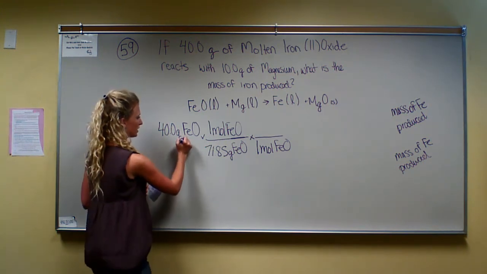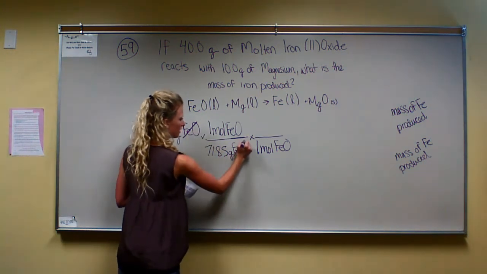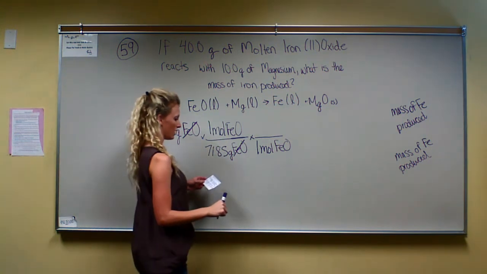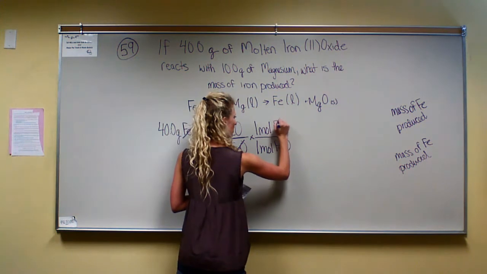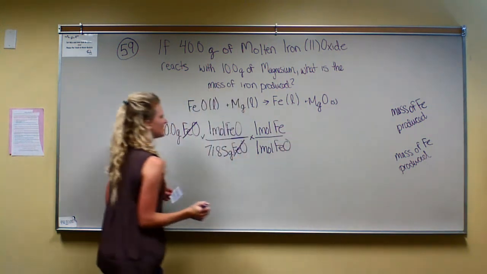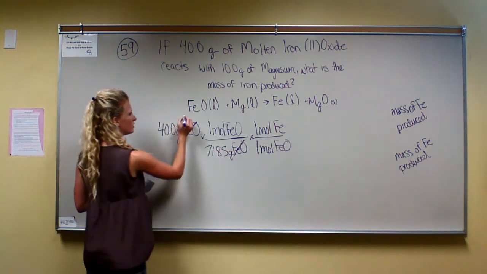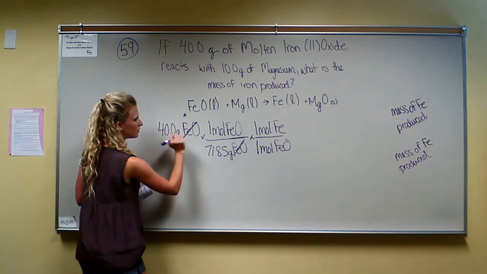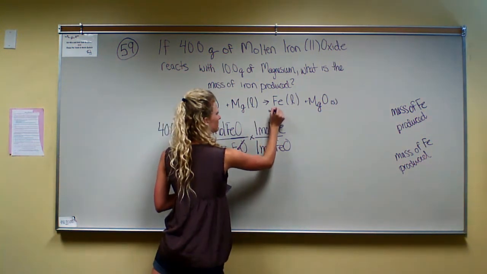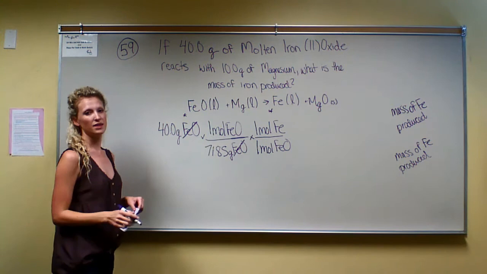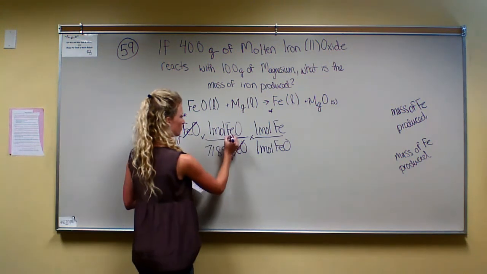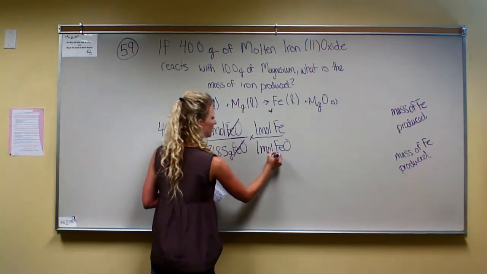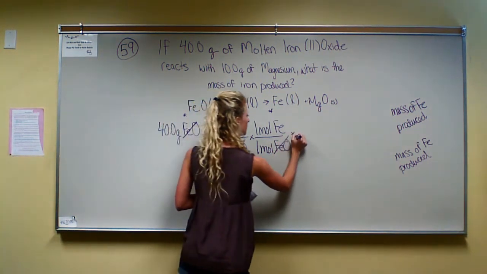We should also cancel out the iron oxide here and here. 1 mole of iron oxide is equivalent to 1 mole of iron. We get that simply from our balanced equation here and here. It's important to note in this step that that ratio will not always be 1-to-1. We can go back now and cancel out the iron oxide and the iron oxide.